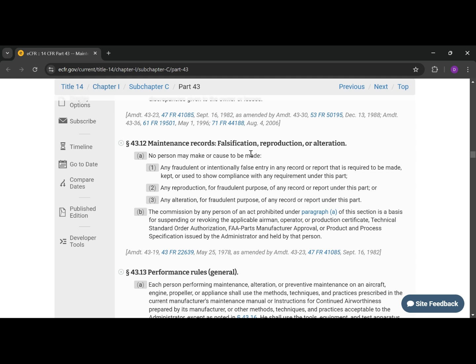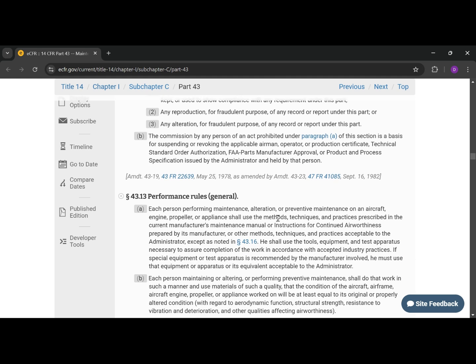But he did falsify some maintenance records, and the FAA found out and revoked all of his certificates. It took 6 years after that for him to start training again and trying to get his private pilot's license, and I helped him with that. And we really went into depth on maintenance, obviously. So that's just a story time there.